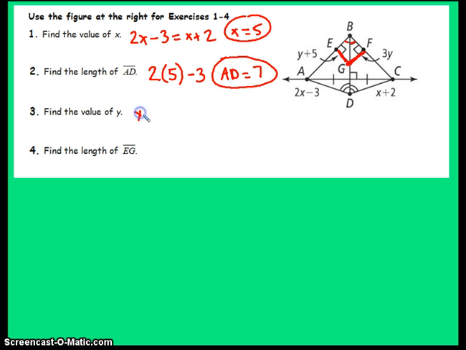So I could say that y plus 5 is the same as 3y. And when I solve that, I get y equal to 5 over 2, or 2.5. And when I substitute in to find EG, I get 2.5 plus 5, which is 7.5, or 15 over 2.